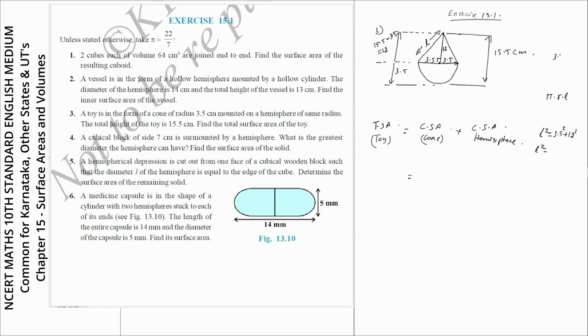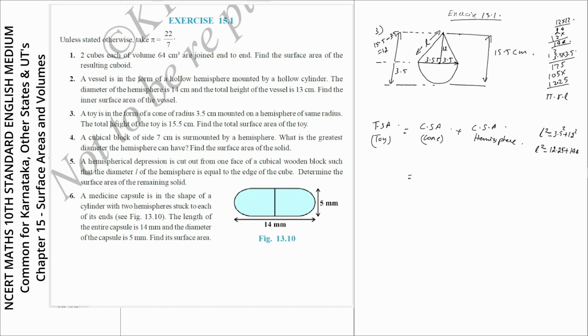Now 3.5 into 3.5 is 12.25. 12.25 plus 12 square. 12 square is 12 into 12, 144.